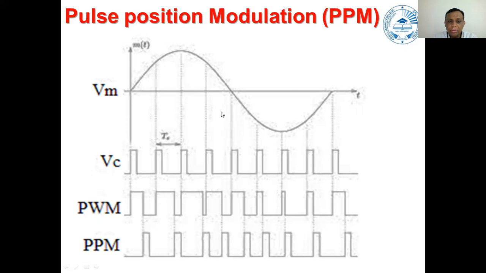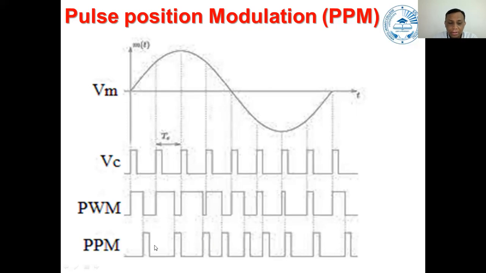The modulating voltage is decreasing, so the width decreases. Here it is minimum, so the width is also minimum. This is PWM. Now, from the PWM, at the trailing edge of each pulse, we generate one pulse.